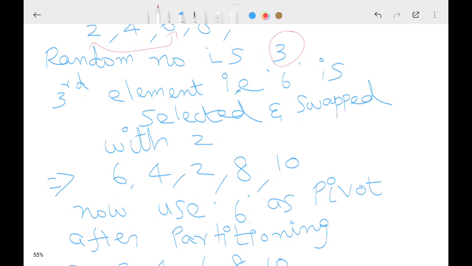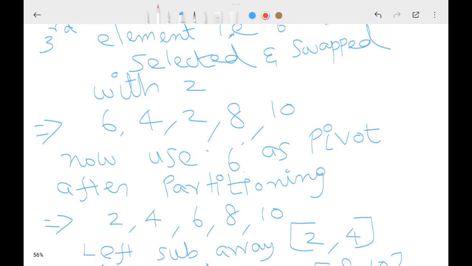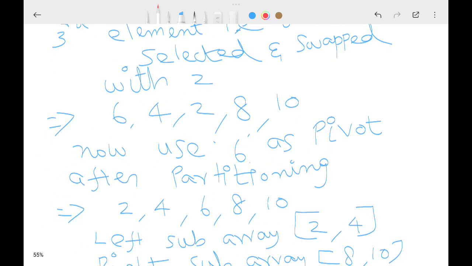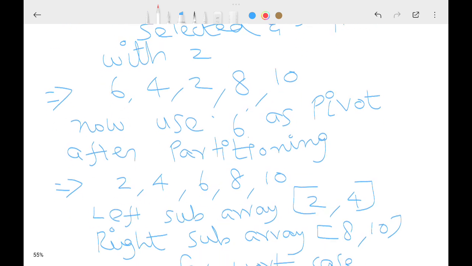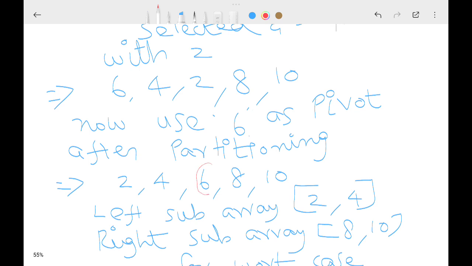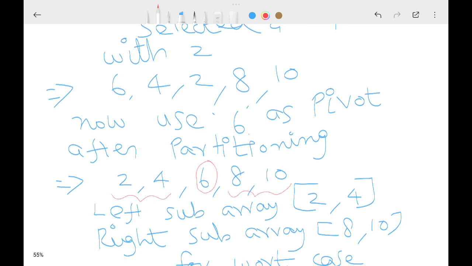So now, as usual in the quicksort algorithm, the first element 6 is used as a pivot, and in the partitioning process the correct position of the 6 is found. That means all the elements less than 6 are on the left side, and all the elements greater than 6 are on the right side.